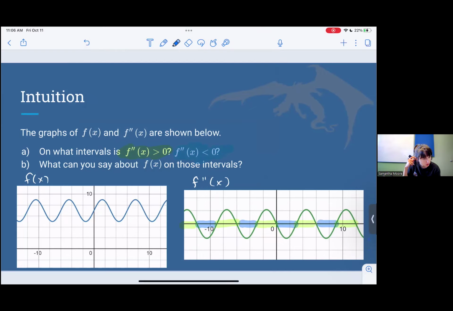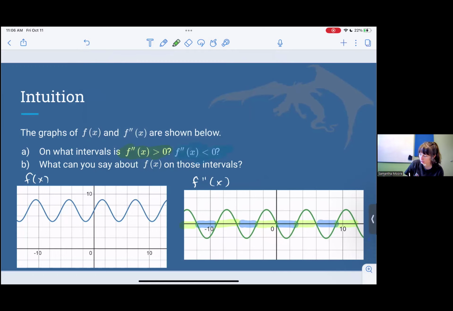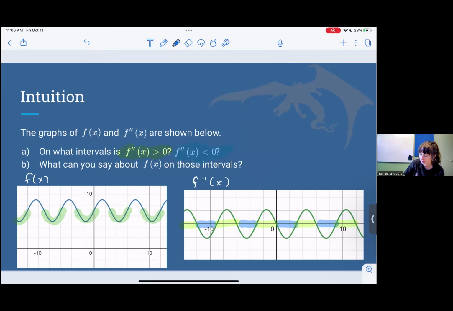So I'm going to translate these over now to the graph of f of x and see what seems to be going on. So let's see, f double prime was positive in that region, and again in this region, and here, and here, and here. And then f double prime was negative in this interval, this interval, this interval, this interval, and so forth.